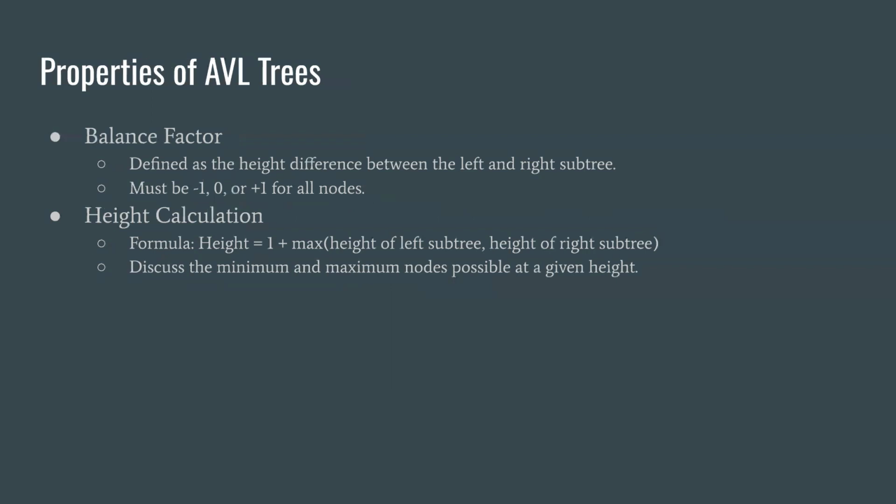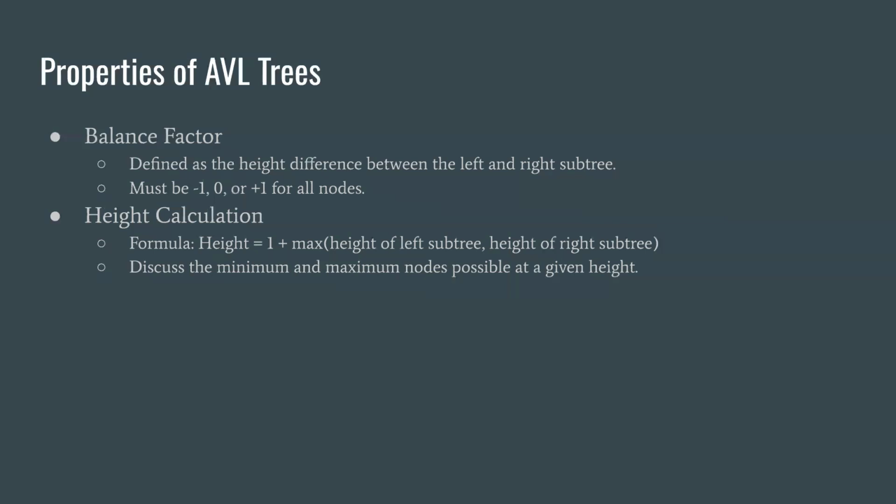Properties of AVL trees. The key to an AVL tree's efficiency is its balance. Each node in an AVL tree has a balance factor, and the way you calculate this balance factor is by calculating the height difference between its left and right subtrees, and this factor must always be -1, 0, or +1.